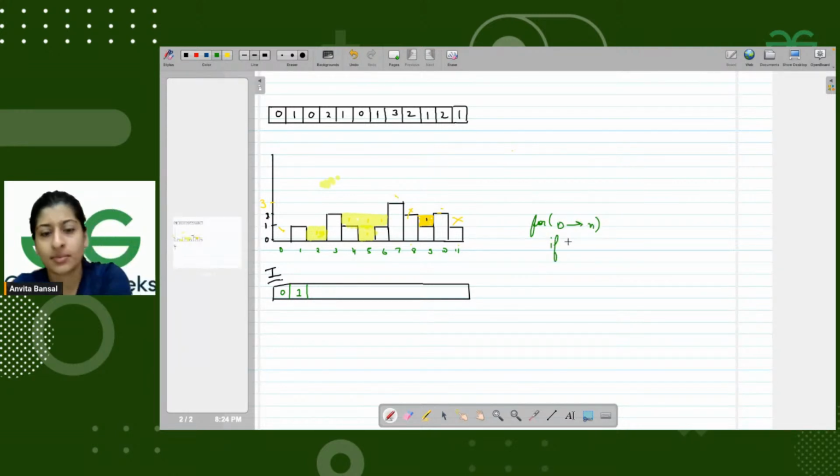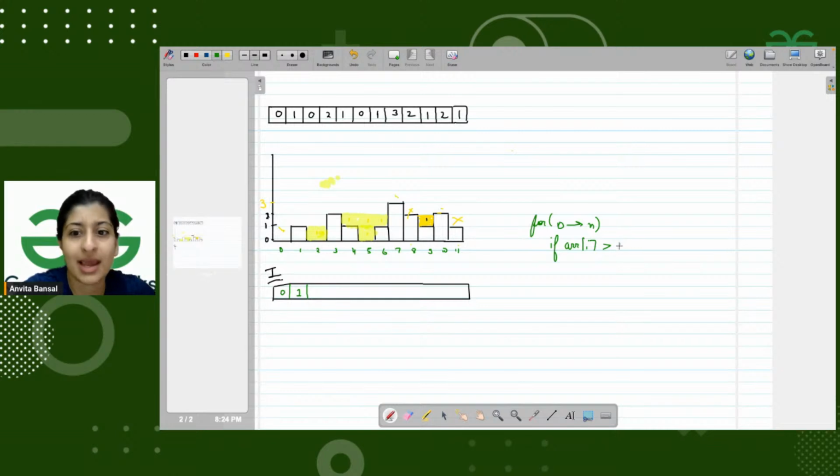starting from 0 to n. At every index, if ARR of I is greater than, let's say, some L max you have stored, then we store it in an array, ARR of left max, and we use another array for storing the right max.